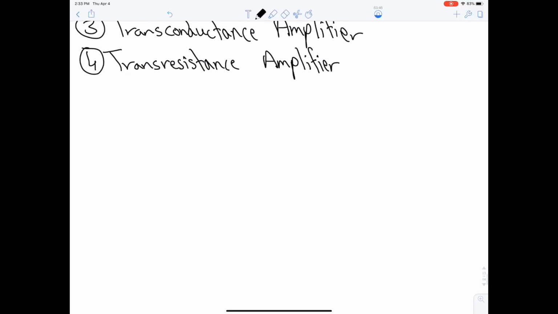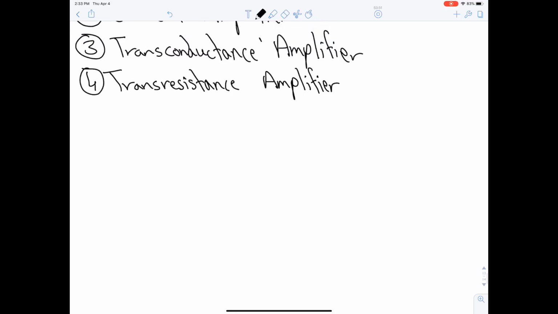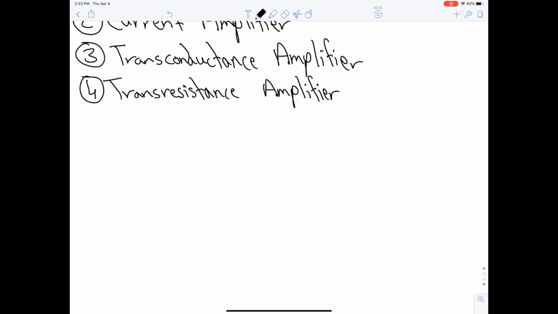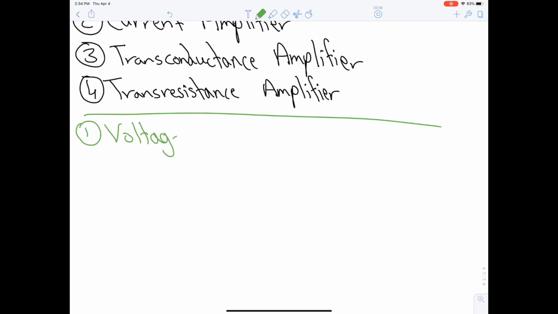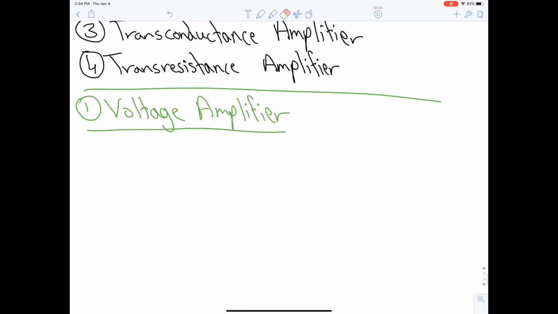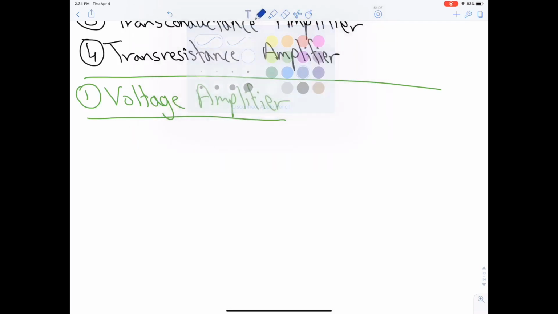Let's begin with the voltage amplifier. Okay. So what's the interior of the voltage amplifier?